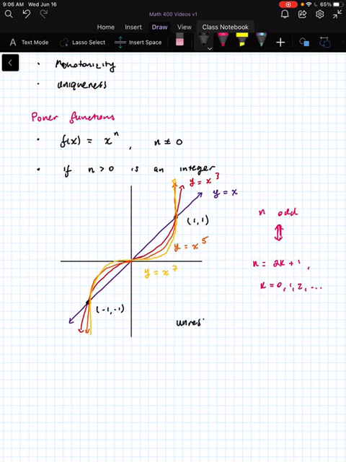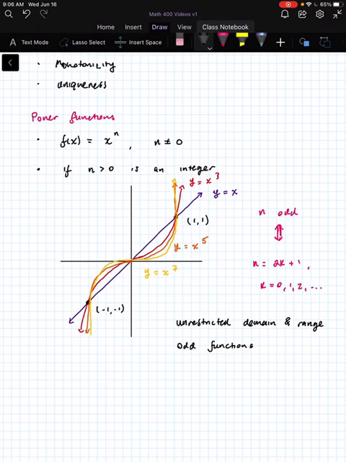We have unrestricted domain and range. You can get any number you want as an x value and any number you want as a y value. Also interesting to note, n is odd, and these are odd functions. That is, they exhibit symmetry about the origin.